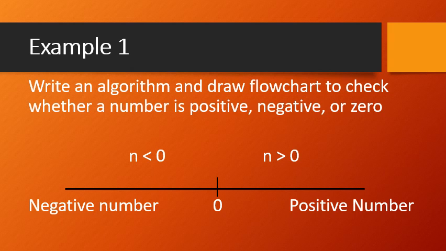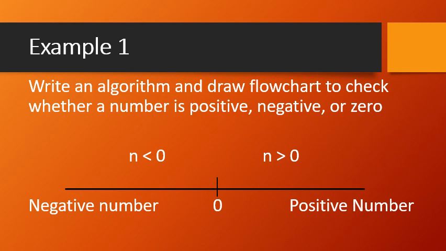As I have depicted here, I have just drawn a horizontal line, and at the center I have taken 0, right? On the right hand side are positive numbers, where the given number is definitely greater than 0. On the left hand side will be negative numbers, because that number will definitely be less than 0. So initially we will check whether the given number is greater than 0.